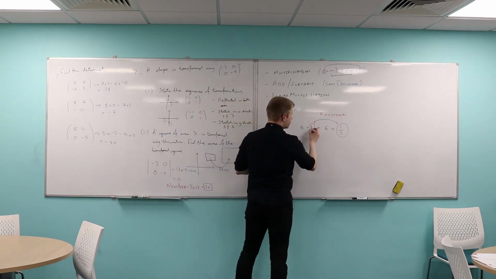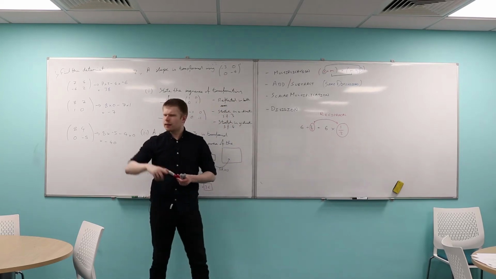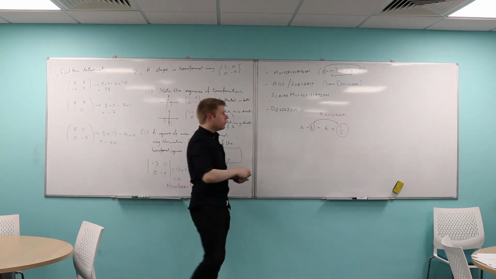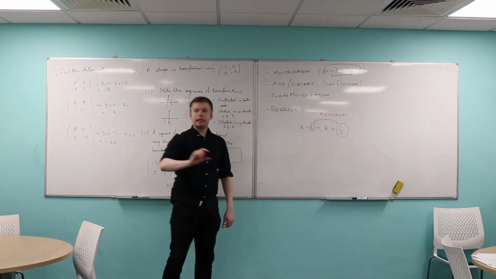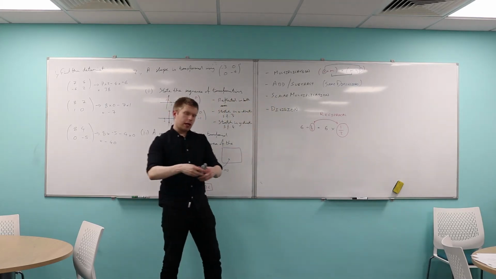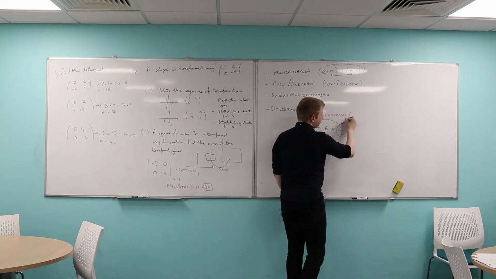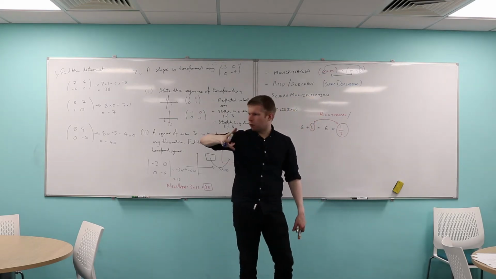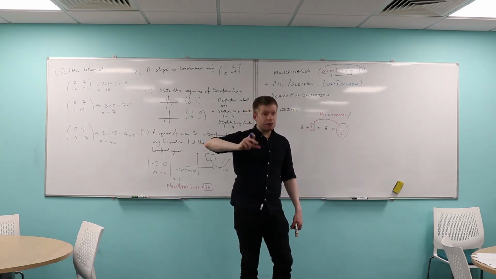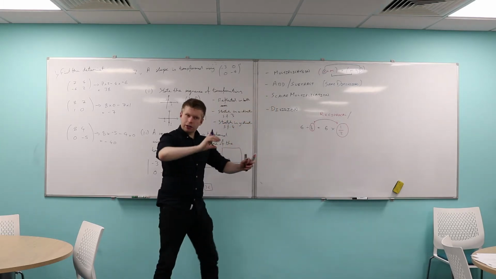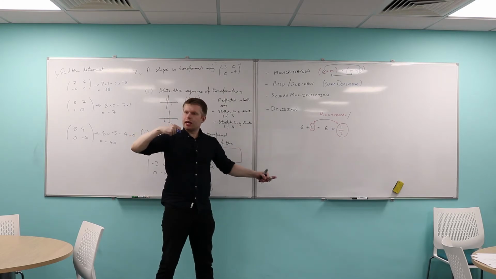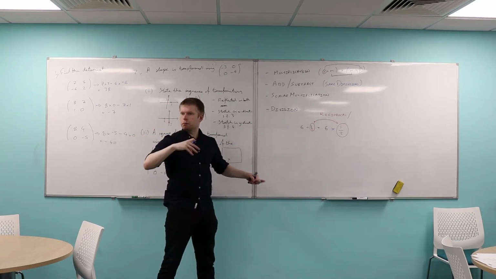Because of course, if you think about 2 as just 2 over 1, then that makes total sense. So are you happy that you can turn a division into a multiplication by thinking about the reciprocal? Now another word for this: if I turn something upside down, I have inverted it. Like if you think about a jumper and I turn it inside out, it's still the same jumper, but looked at from a different perspective.